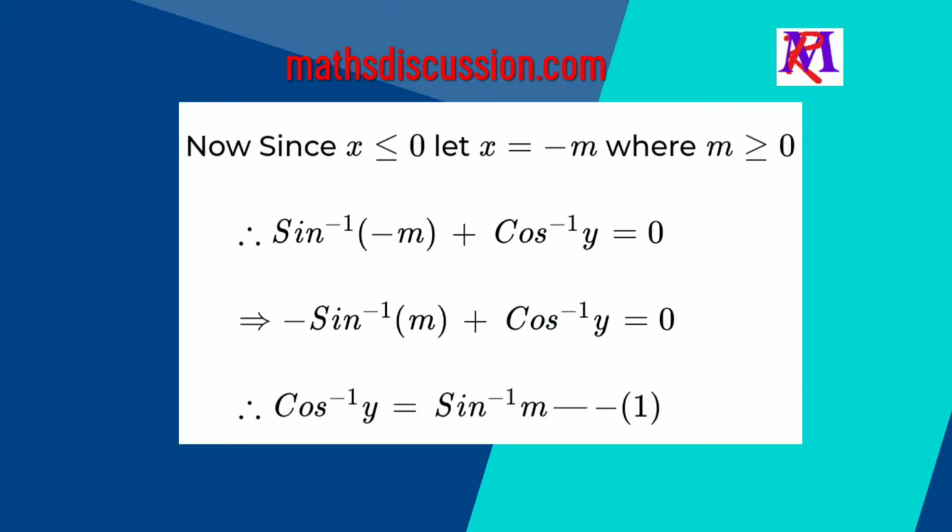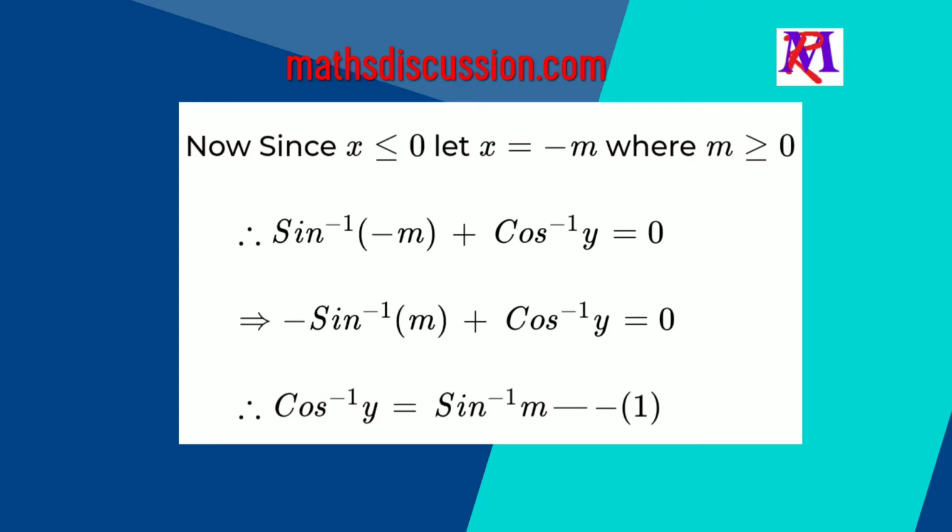Since x is negative, let us assume x is equal to minus m, where m is positive. Therefore the equation can be rewritten as sine inverse of minus m plus cos inverse of y is equal to 0. Again, from the basic inverse trigonometry formula, we know that sine inverse of minus x is equal to minus sine inverse of x.